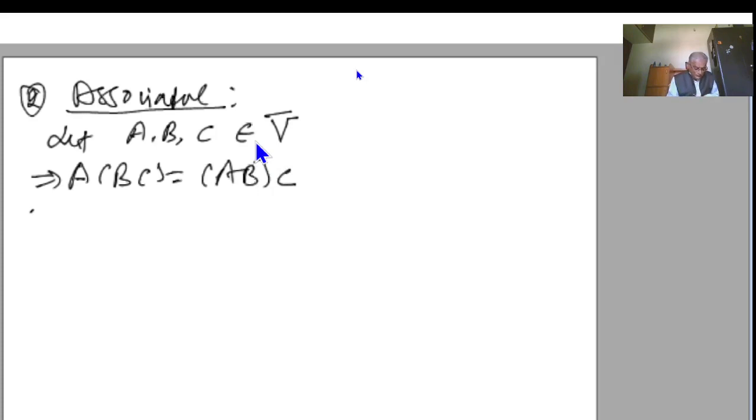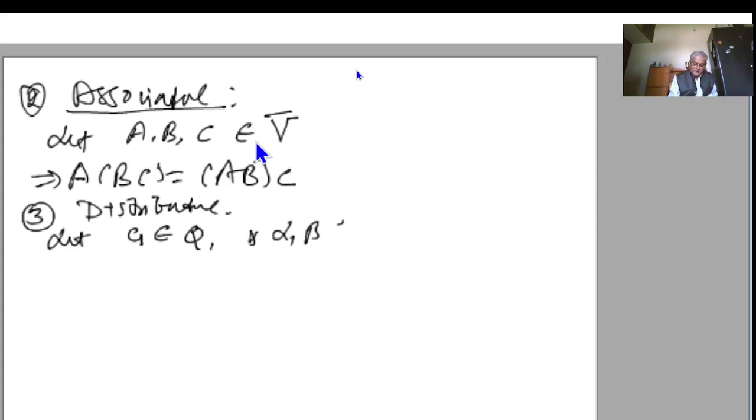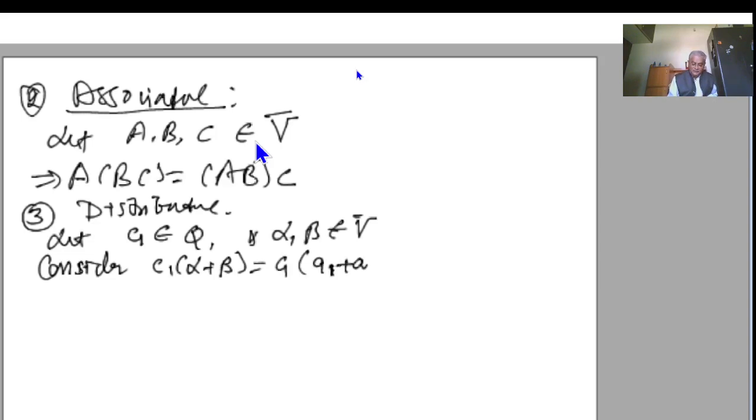And third one, distributive. First I will consider let C1 belong to Q and alpha, beta belong to V. Consider C1 into alpha plus beta. This is equal to C1 into, what is alpha plus beta? Alpha plus beta is A1 plus A2 plus B1 plus B2 into root 2.